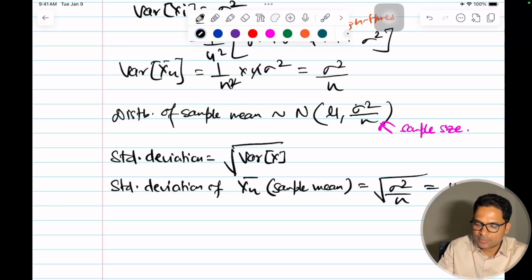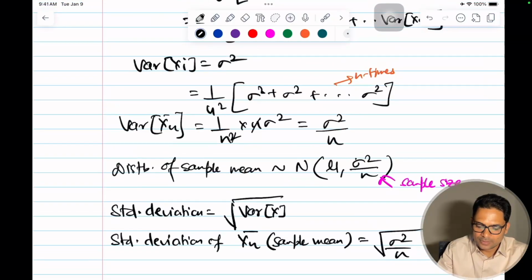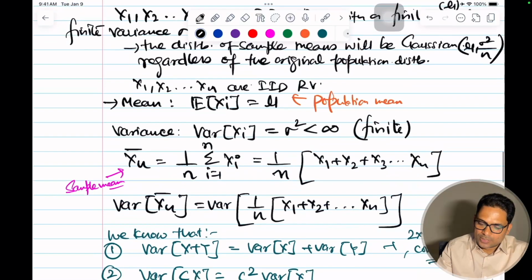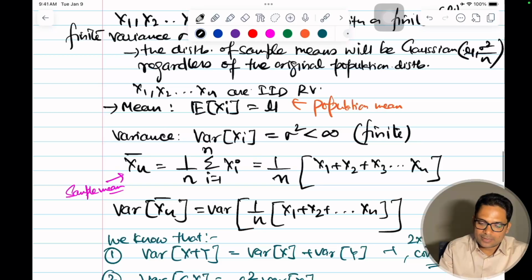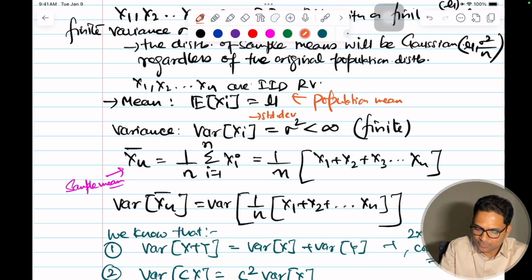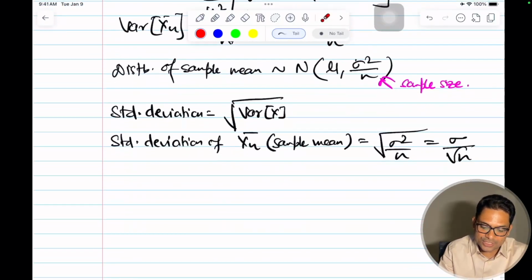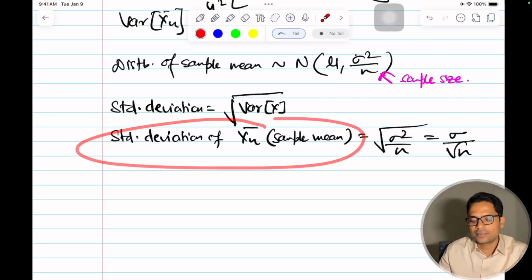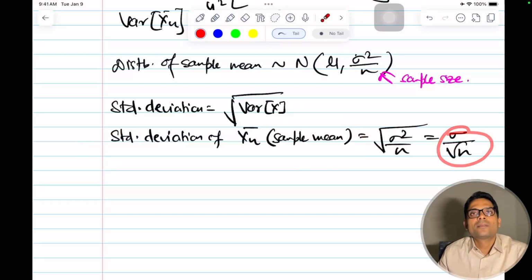This will be equal to sigma by square root of n. So this variance of the data was sigma square. So standard deviation of the data would be square root of this. That will be sigma. But the standard deviation of the sample means is sigma by root n.